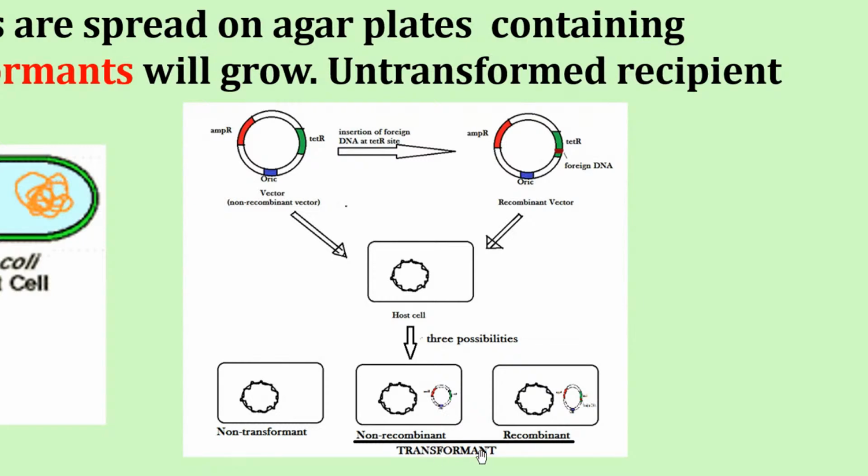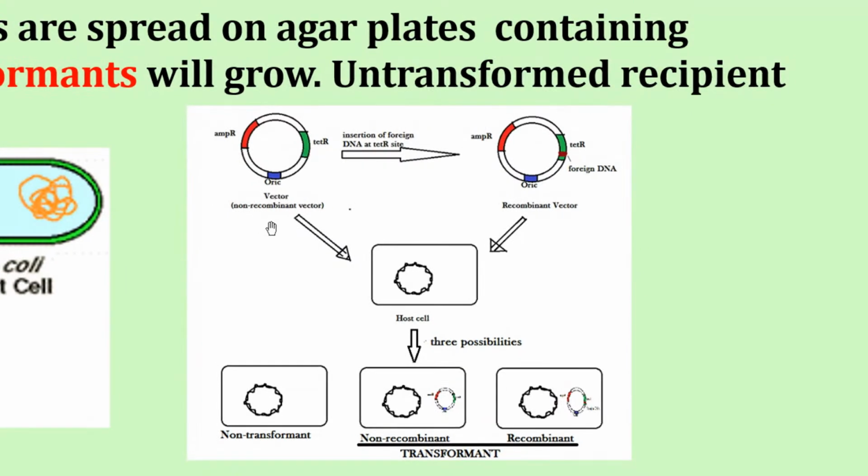And under transformant, again we have two possibilities: non-recombinant or recombinant, because every time we are not sure that our gene of interest is entering the vector. If the gene of interest does not enter the vector, that is called non-recombinant. As you can see in this diagram, the red part is not in the green part, meaning only the vector has come, but no gene of interest is incorporated.